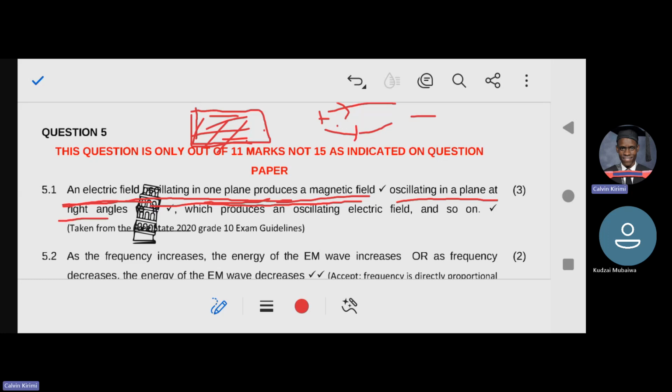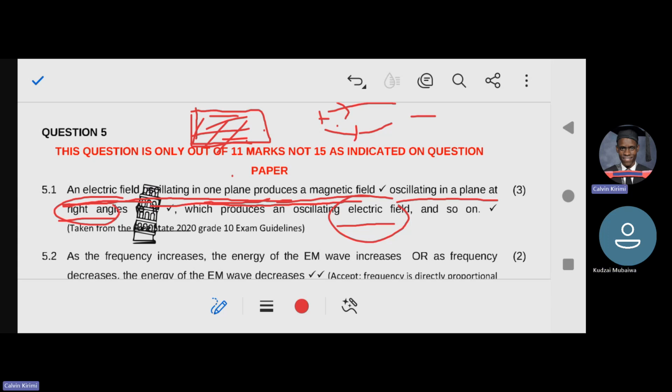These are the key marking points for 3 marks. So you must just memorize and remember that.